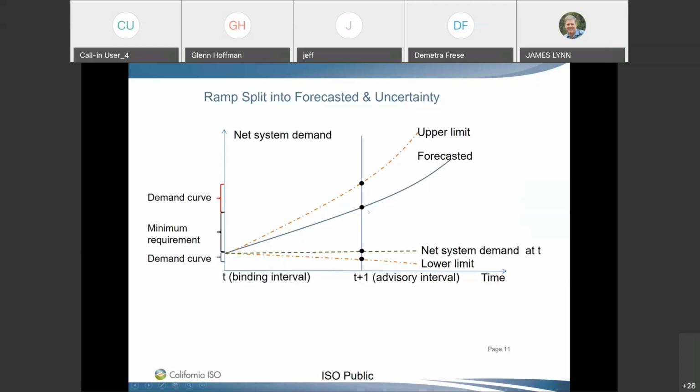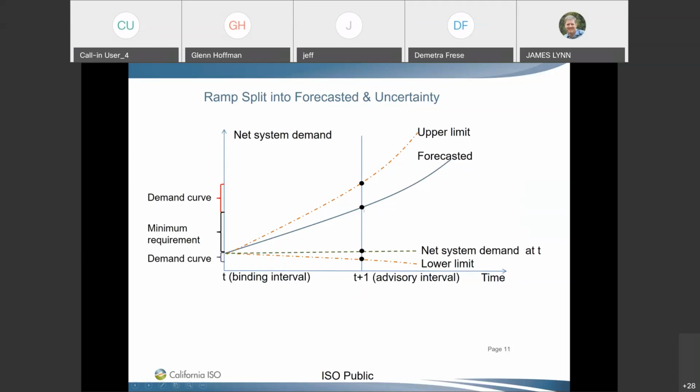But what if the demand curve is significantly less when we get to that interval? I need to be able to shut down resources in order to meet my lower limit. So we are now going to procure flexible ramp down capacity to meet the difference between the forecasted limit and the lower limit.